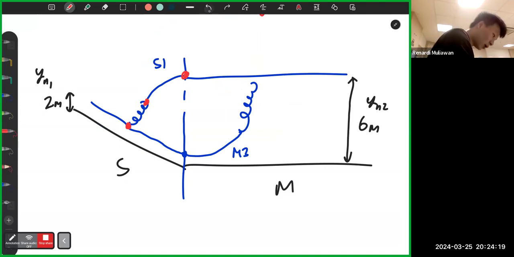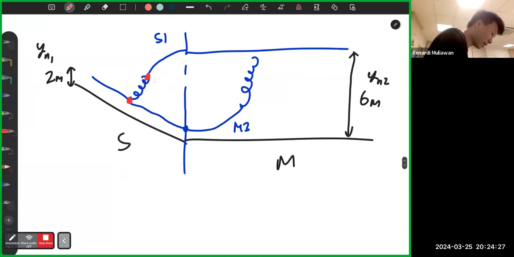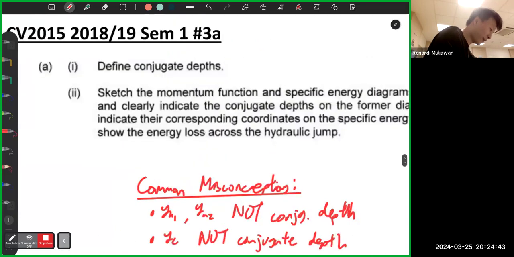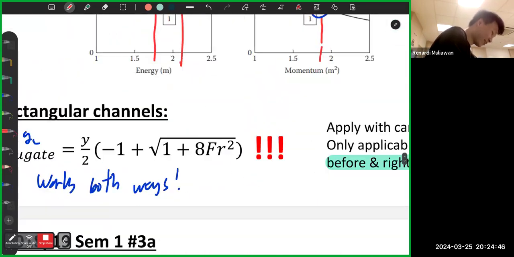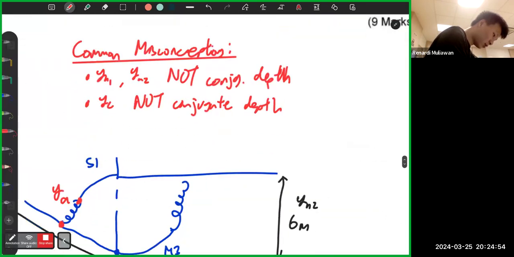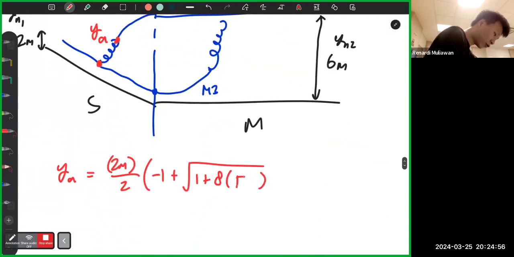So how do you get this depth? It's from the formula. If you want to find this depth, let's name it YA. So YA is 2 meters divided by 2 times minus 1 plus the square root of 1 plus 8 times the Froude number squared.